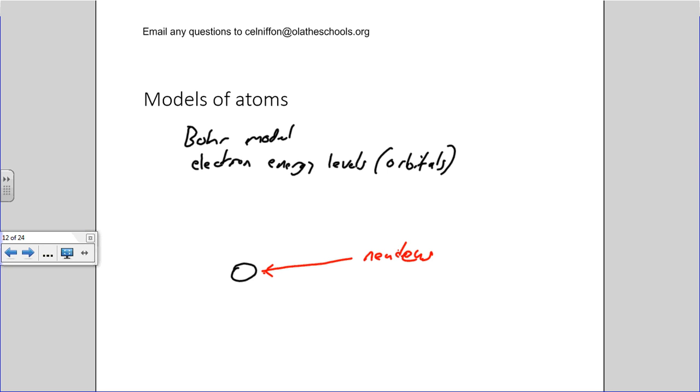Around the circle are going to go the electron energy levels, the orbitals, and those electron energy levels are going to have little dots on them that represent actual electrons.